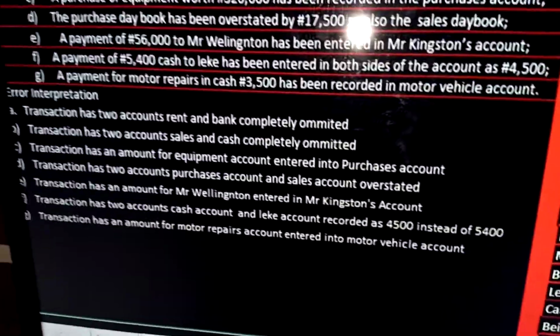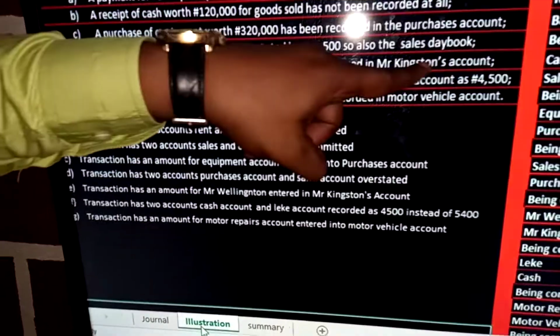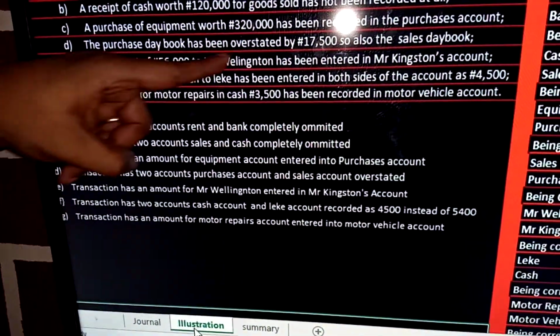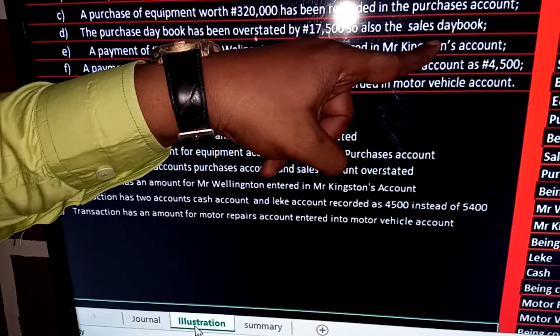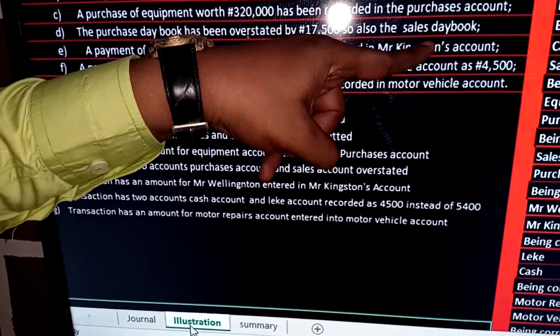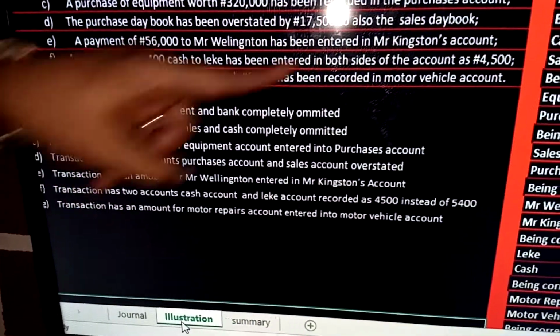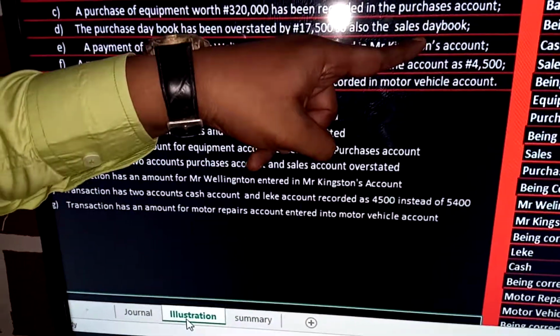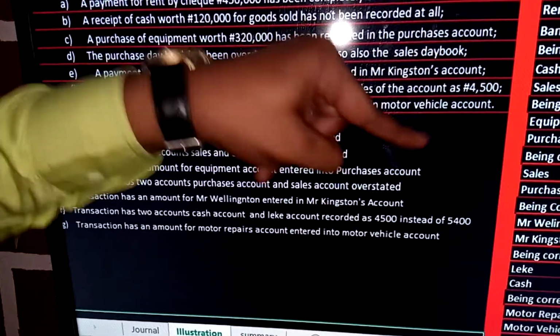So cash is settled. But the issue here is that it was supposed to be for Mr. Wellington, but it has been entered in Mr. Kingston's account. So instead of debiting Mr. Wellington, they have entered it into Mr. Kingston's account. So we have to take it out of Kingston's account and take it back to Wellington. If Kingston has been debited ab initio in error, then it has to be credited to bring it out.